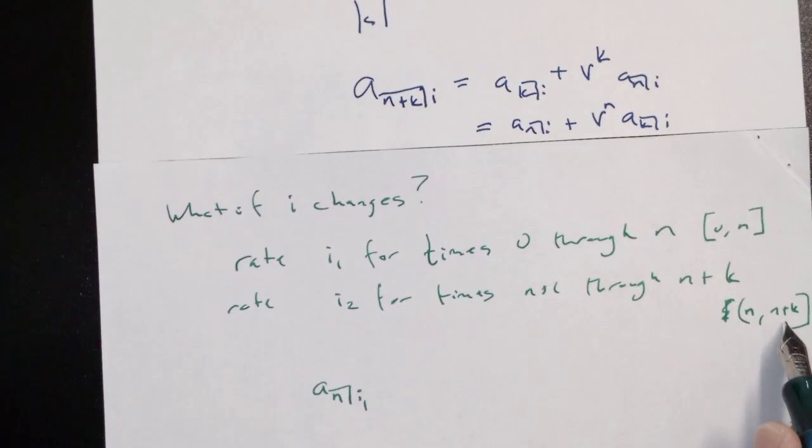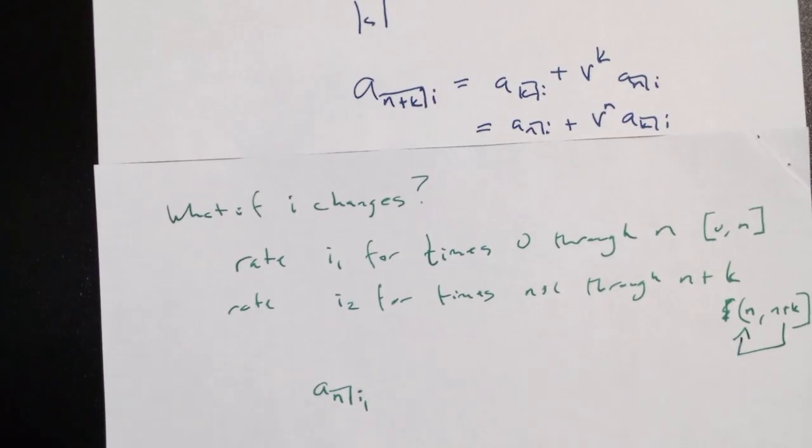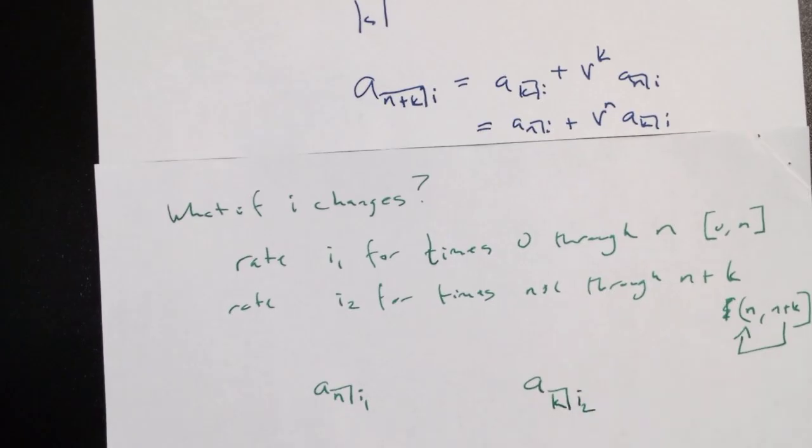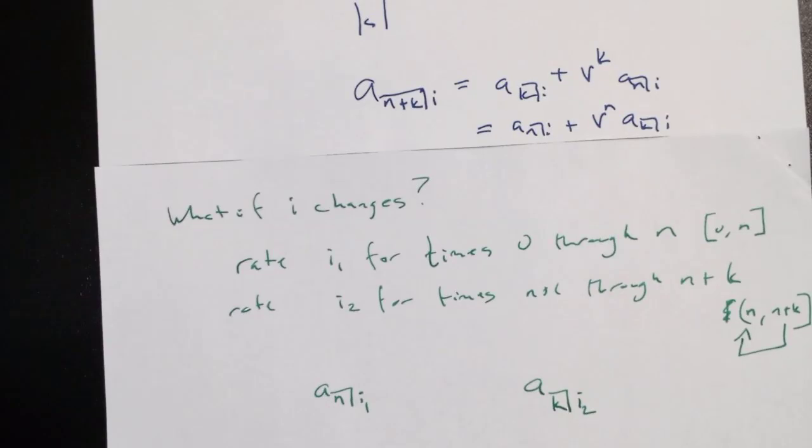Oh, if I take these and I bring them to this point in time, then we're only looking at the new stuff for k periods, right? That didn't bring it back far enough. Those payments are now valued at time n.